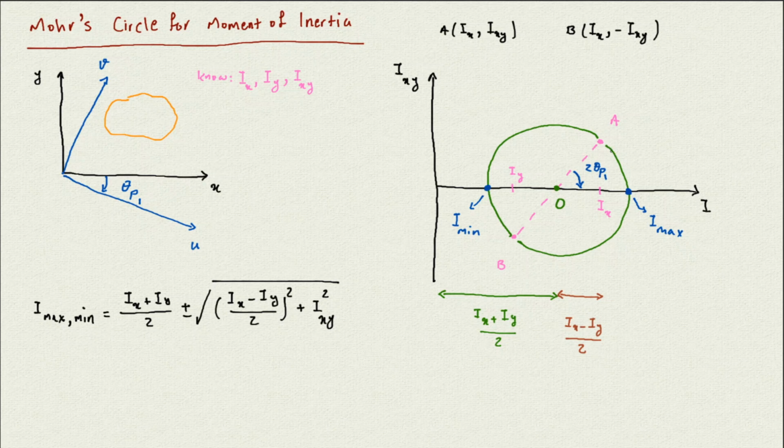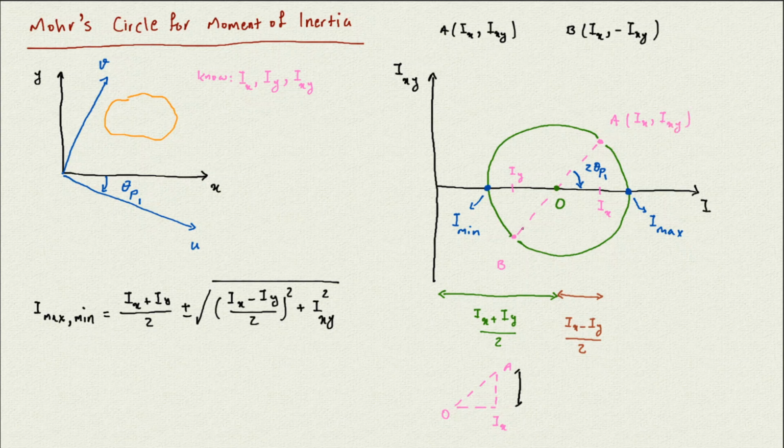Now if I draw a triangle here, this triangle A O Ix, that's point A, that's point O, and that's point Ix. I know this distance here is Ixy, because this is the point A. The point A, we know, is Ix and Ixy.